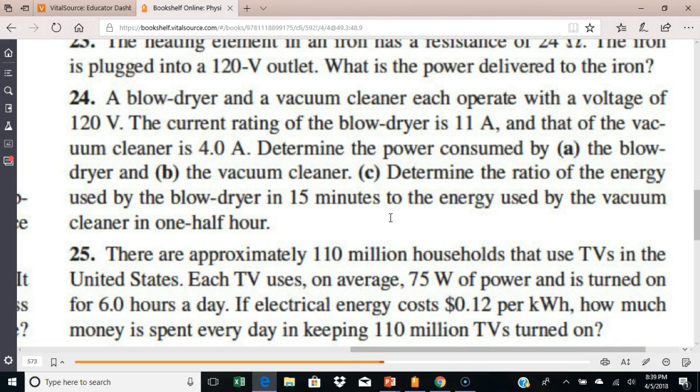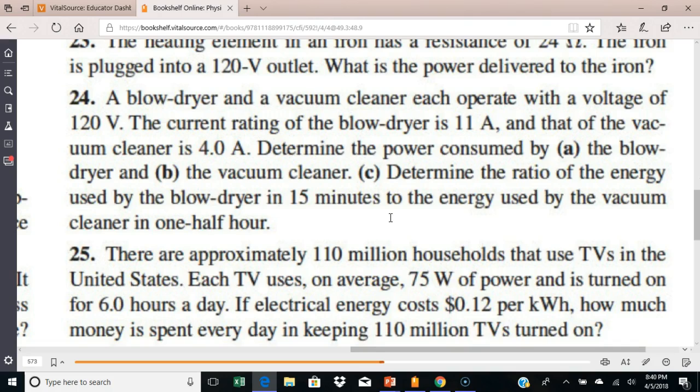Part C: determine the ratio of the energy used by the blow dryer in 15 minutes to the energy used by the vacuum cleaner in a half hour. So the energy is equal to what? Power is equal to energy divided by time, so energy is equal to power times time.